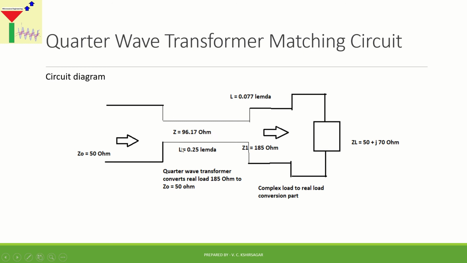This is the circuit diagram of a quarter wave transformer. Many times, if they directly give the real value of the load impedance, then we need not insert the additional transmission line, because a direct real value of the load impedance will be given.